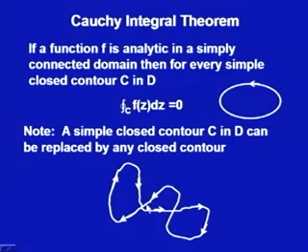If I add up all these 3, I would get the final integral as 0, and then we would say that for any closed contour it would be 0. So, the Cauchy theorem is actually about the simple closed contour, but we can extend this result to any closed contour in this manner.